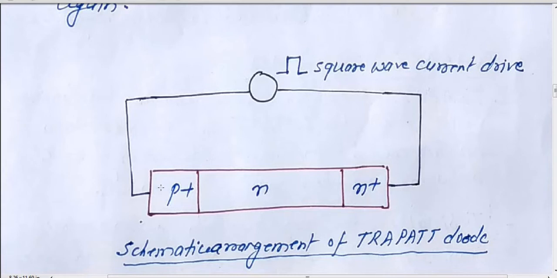The TRAPATT is excited using a current pulse, a square wave current drive here. This causes the electric field to increase to a critical value where avalanche multiplication occurs. At this point, the field collapses locally due to the generated plasma. The separation and drift of electrons and holes are then driven by a very much smaller field.